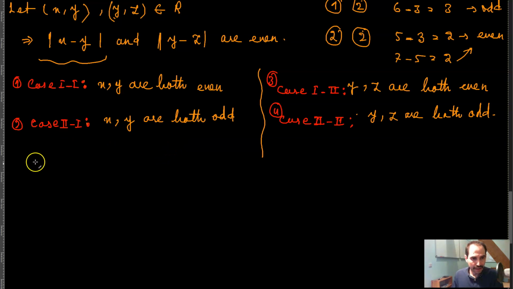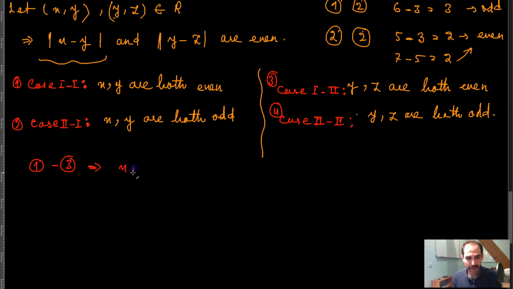So if I consider case 1 with 3, what I will get is that basically x and y are both even, and y and z are both even. We have no problem there, right? So if x and y are both even and y and z are both even, what that means is that y is an even number, x is an even number, z is an even number.